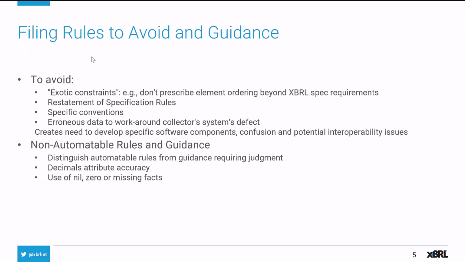Okay. So typically, when you define filing rules, you have to avoid what I call exotic constraints. For example, we have seen some cases where a collector prescribes element ordering in the report. I have also seen a collector requiring that all the elements are reported, even if the amount is null.